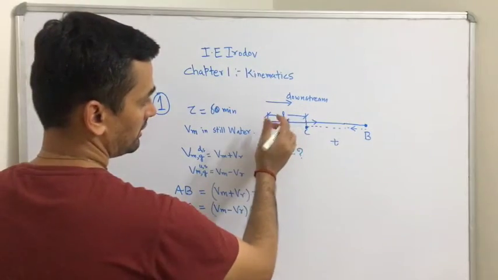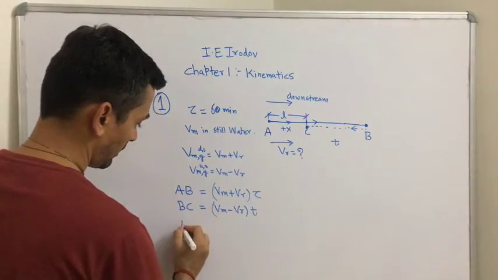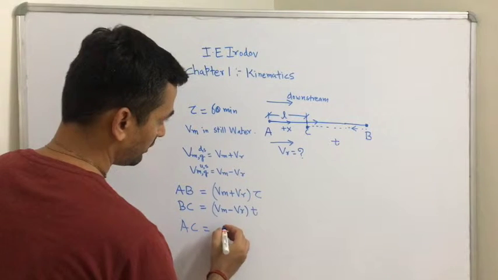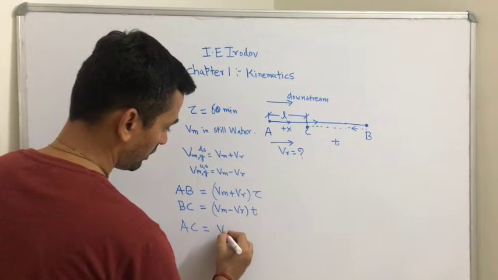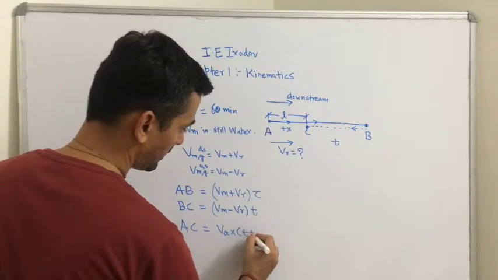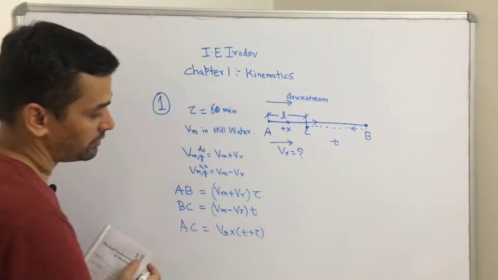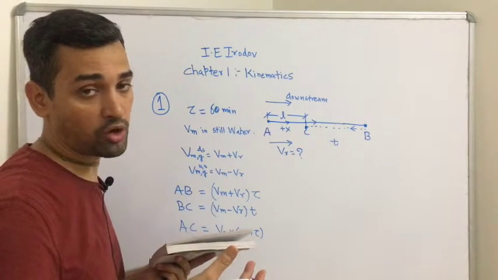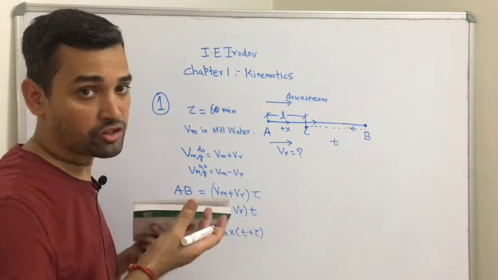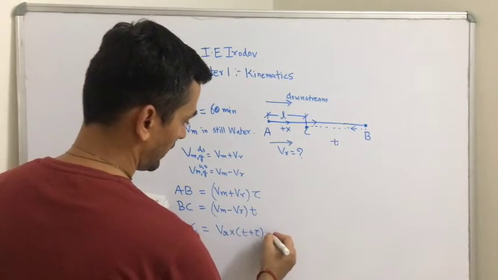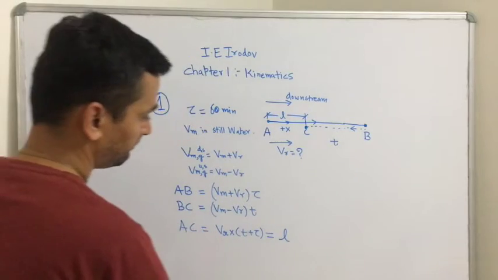And in the meantime, the raft has traveled a distance L, which is equal to Vr multiplied by (t plus tau). Because the raft does not have any velocity in still water, it takes the velocity of the river. And this is also given to be L.